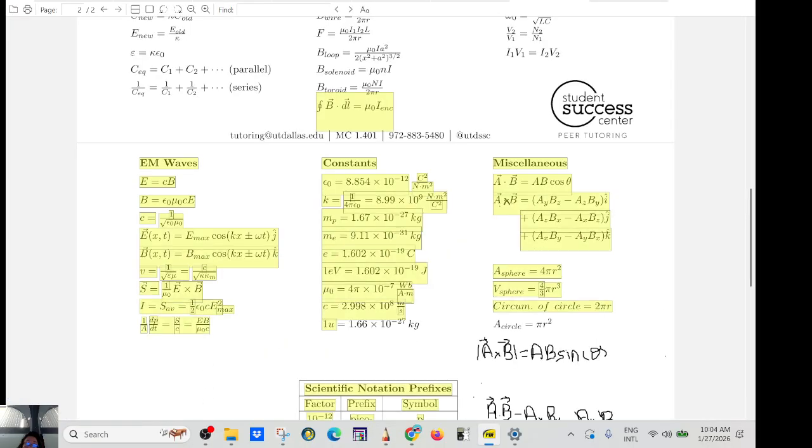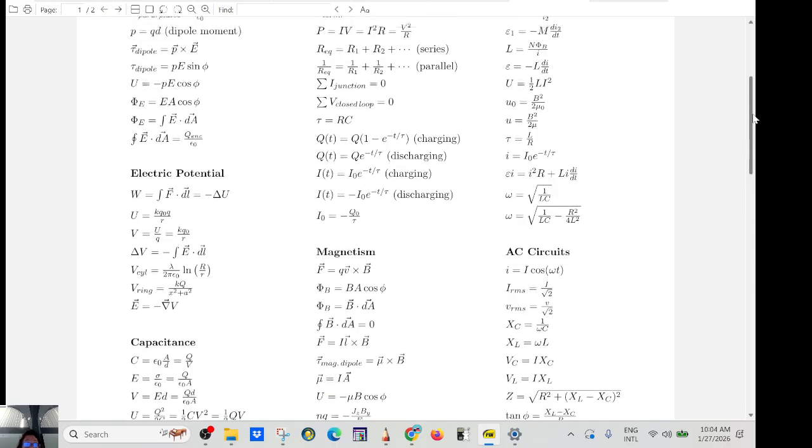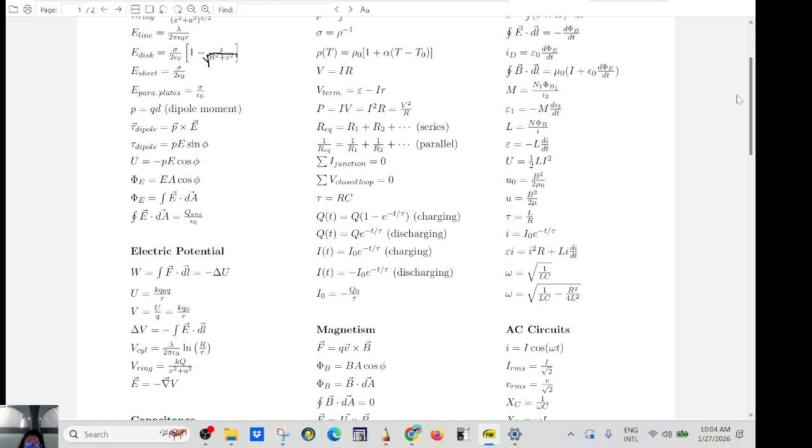If I go back to here, so it's not easy, okay? I'm not saying it's easy. You see, the electric flux, the flux for the electric field is going to be the electric field E times the area times the cosine between the area, the normal vector, and the electric field.